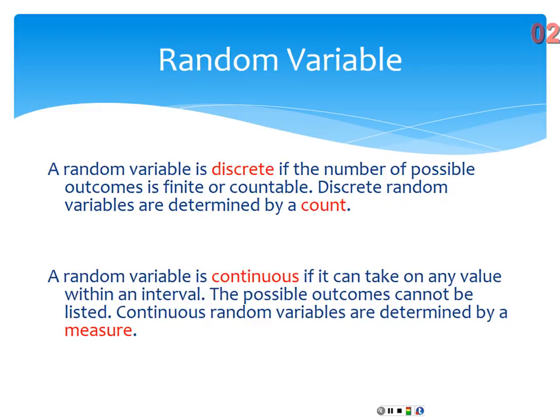A random variable is discrete if the number of possible outcomes is finite or countable. Discrete random variables are determined by a count. That implies it's an integer? Except for money, yes. Okay? That's a good definition.